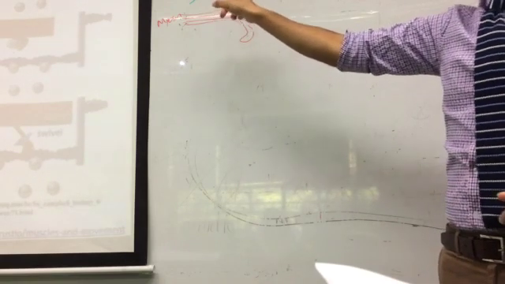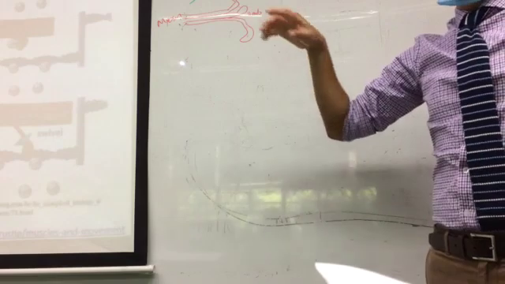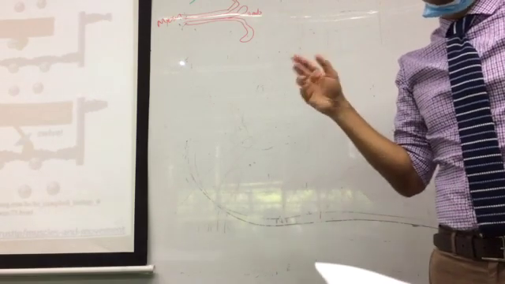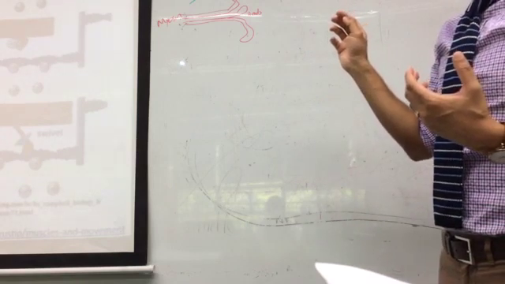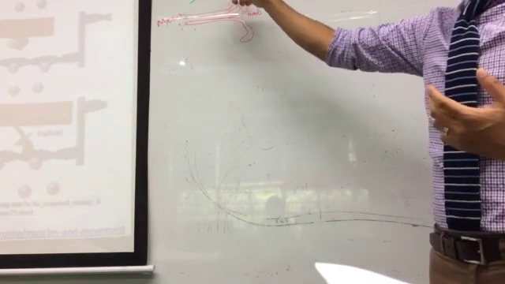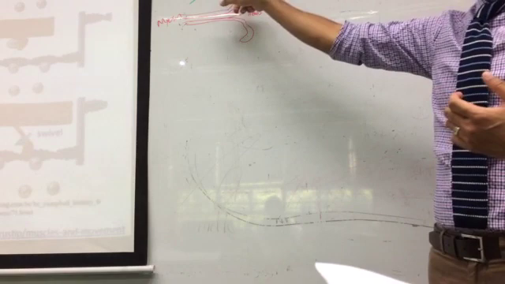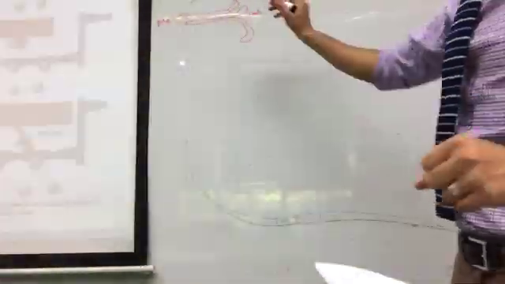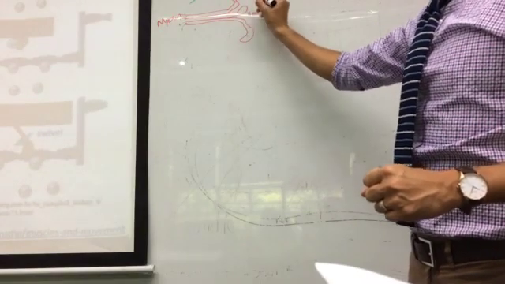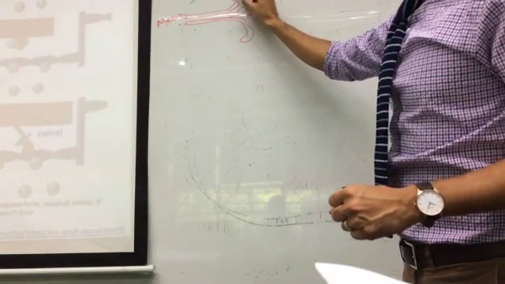This is like post-muscle contraction. This myosin attached to the actin is called a cross bridge.